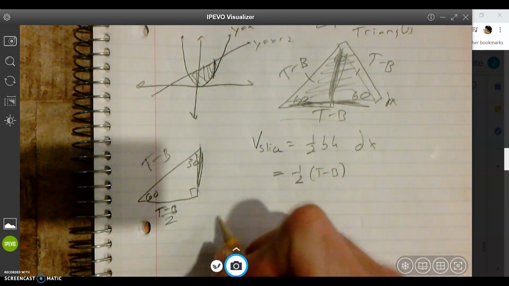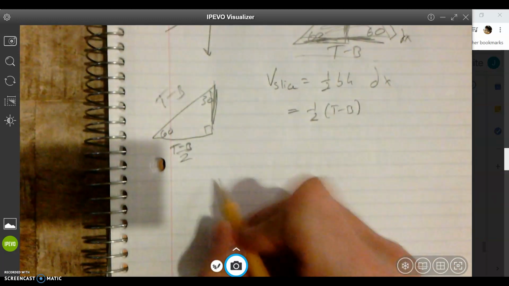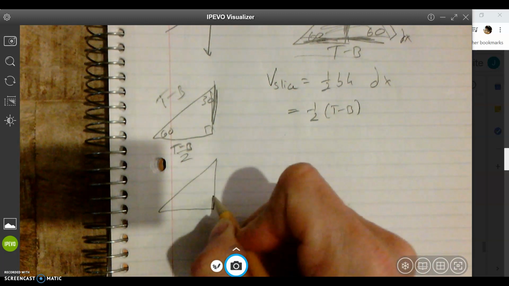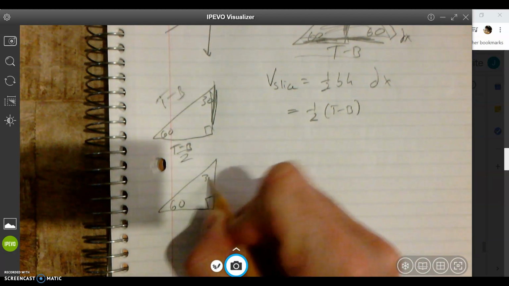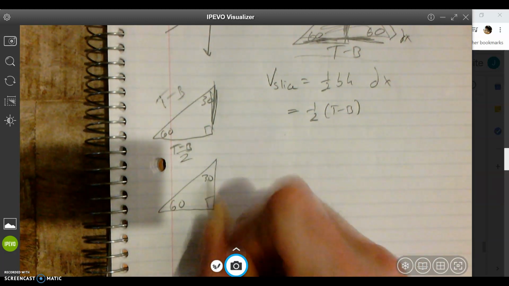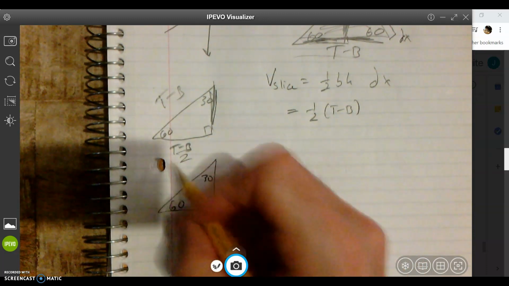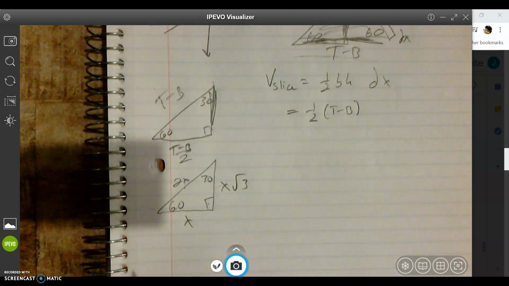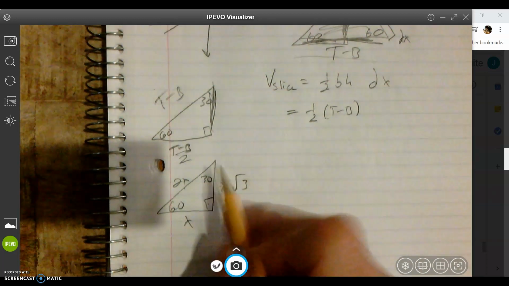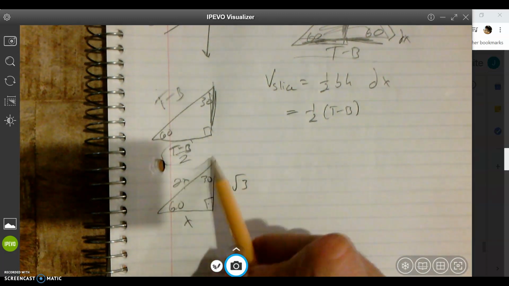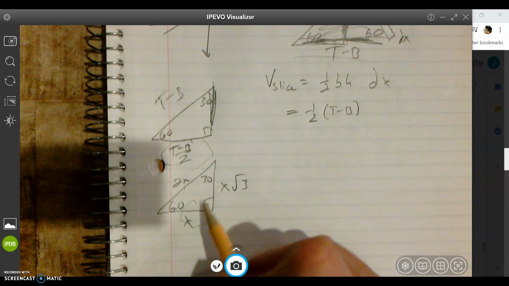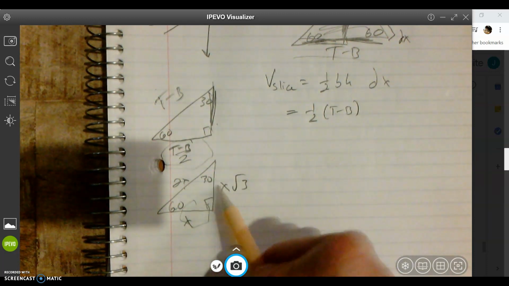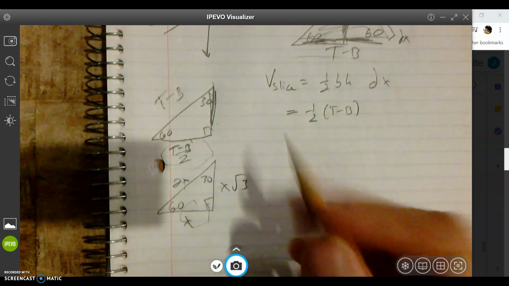So what do I know? Well, 30-60-90 triangles, back to geometry class: opposite the 30 is x, the hypotenuse opposite the 90 is 2x, and opposite the 60 is x radical 3. Bam. In this case, this is x opposite the 30, and so my height would be whatever x is times radical 3.